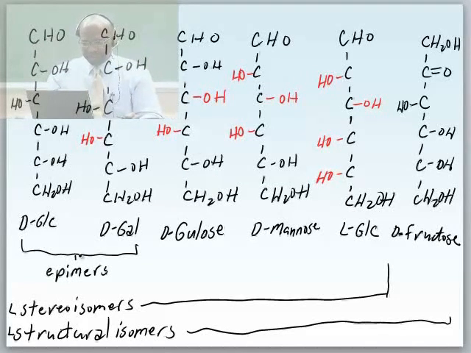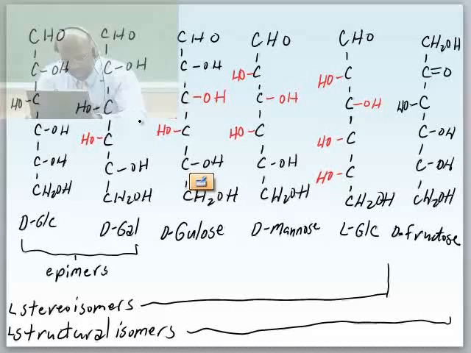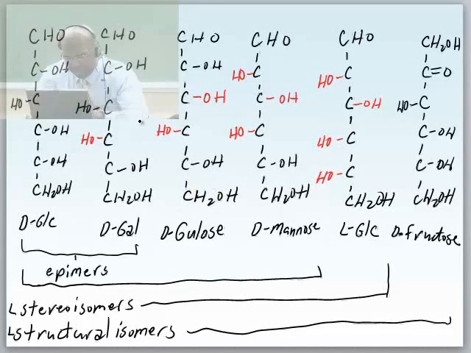Now okay, let's do this one. All of the molecules that have the same chiral centers, their configurations are different, but they're not mirror images. So D-glucose, D-galactose, D-gulose, and D-mannose have the same numbered chiral centers, but they're not mirror images.